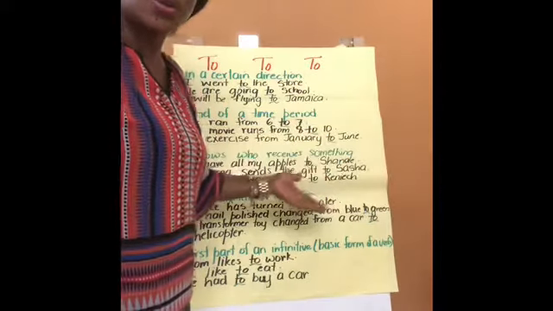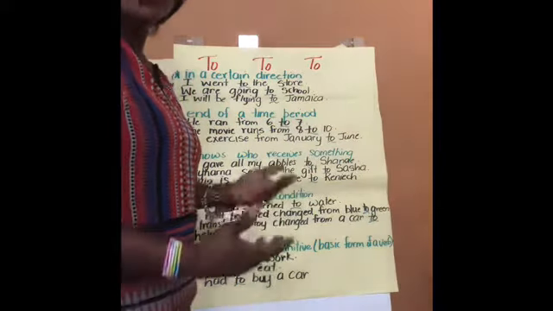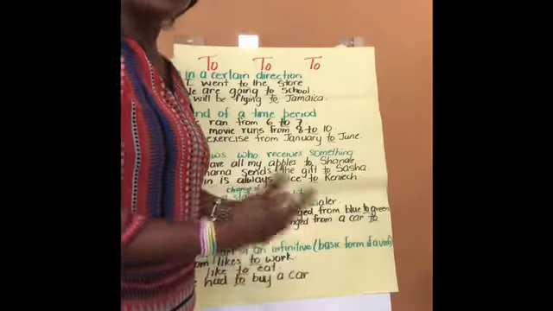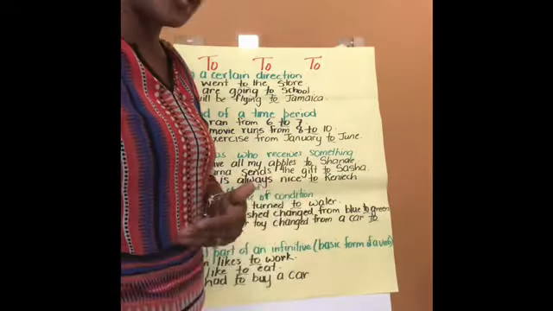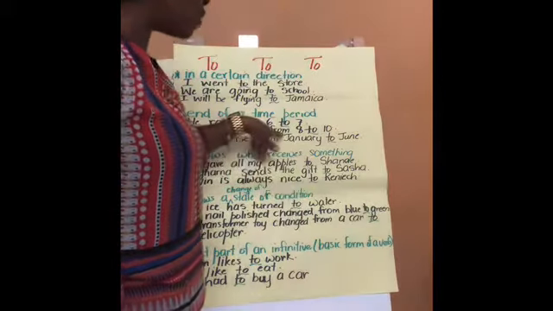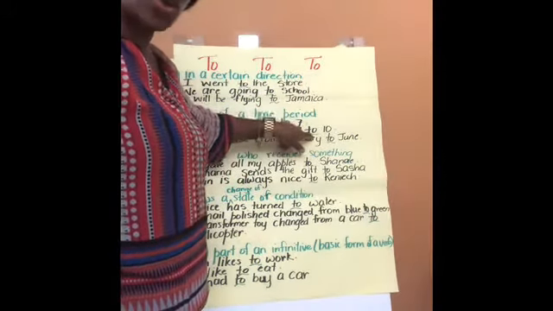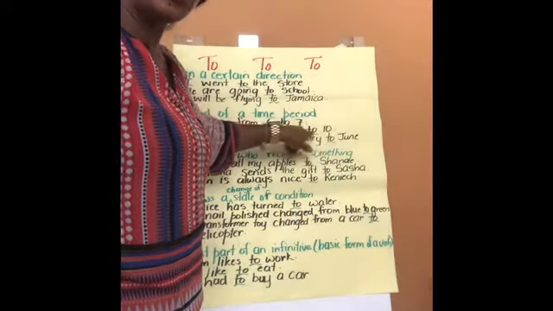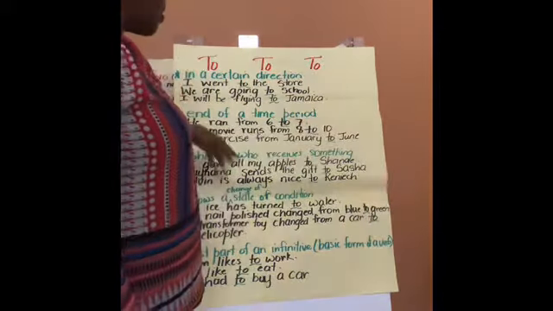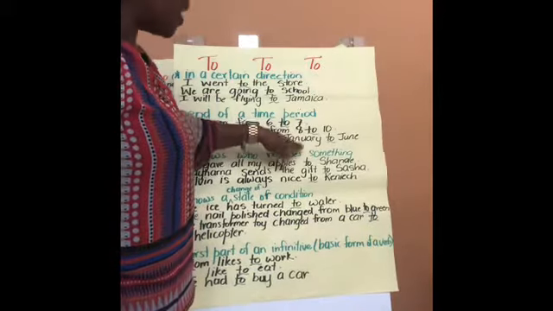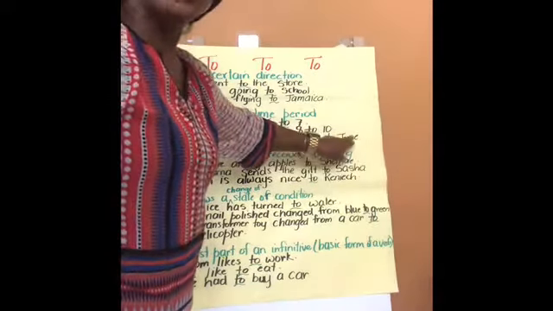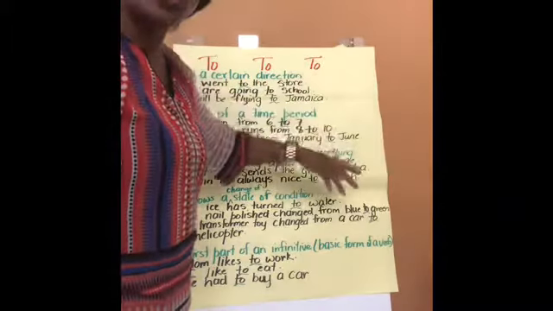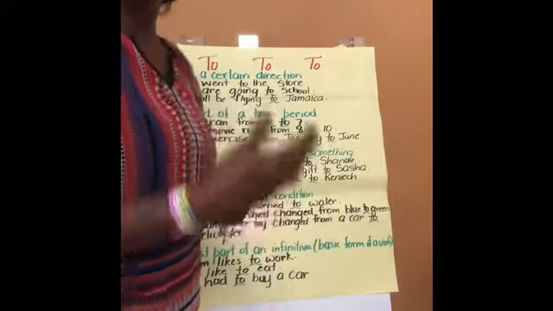We could go to the movie all the time, and sometimes we want to know how long the movie lasts. What time is it going to start? What time is it going to end? So it runs from 8 to 10. So it starts at 8, it ends at 10. 8 to 10. We exercise from January to June. So we started exercising in January, we stopped in June. From January to June.